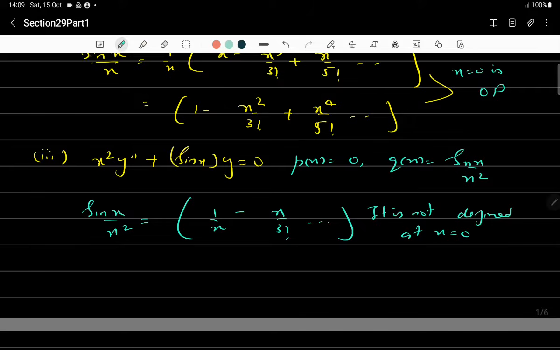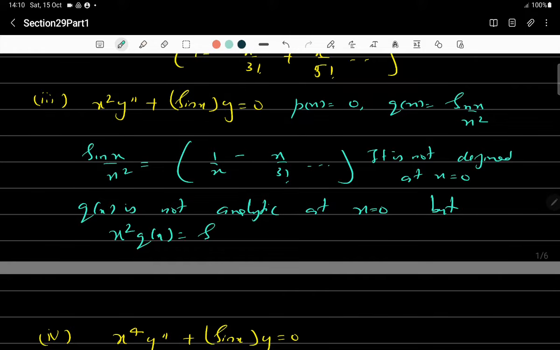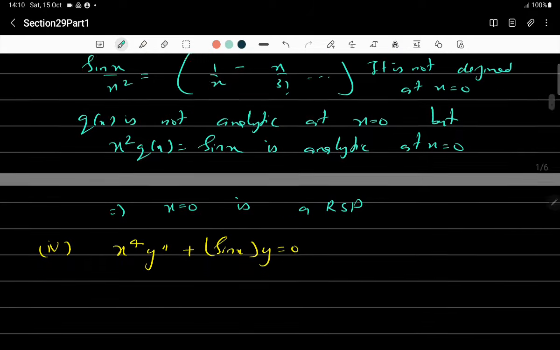It means q of x is not analytic at x is equal to 0, but x square q of x is sin x, which is analytic at x is equal to 0. This implies x is equal to 0 is a regular singular point.